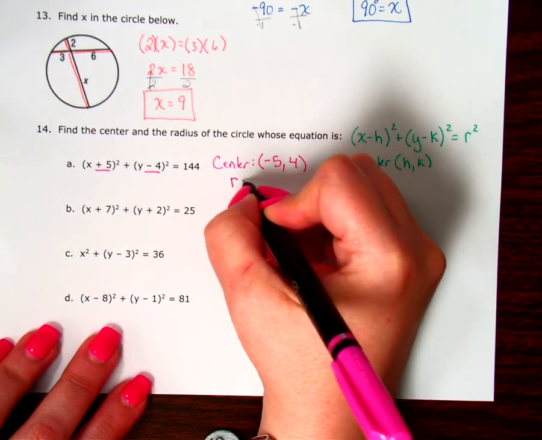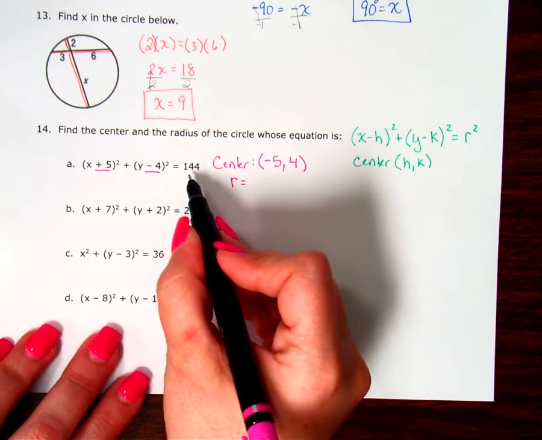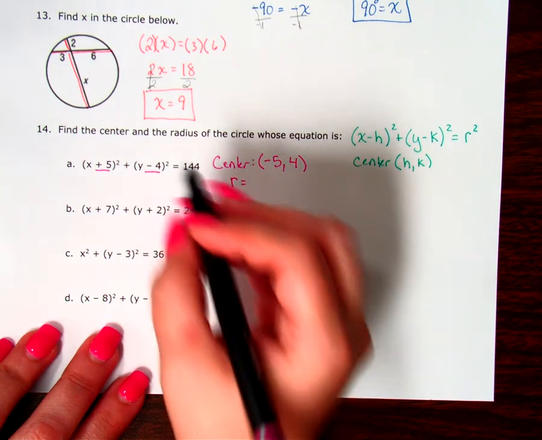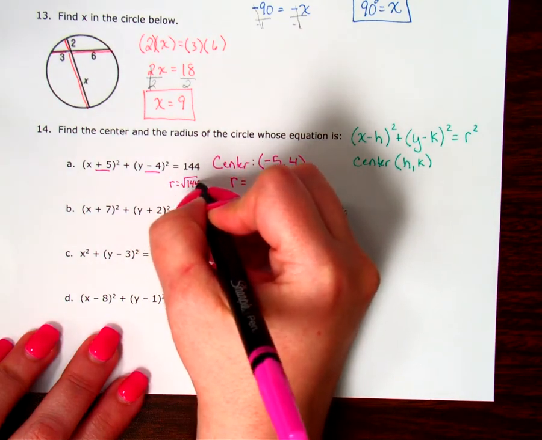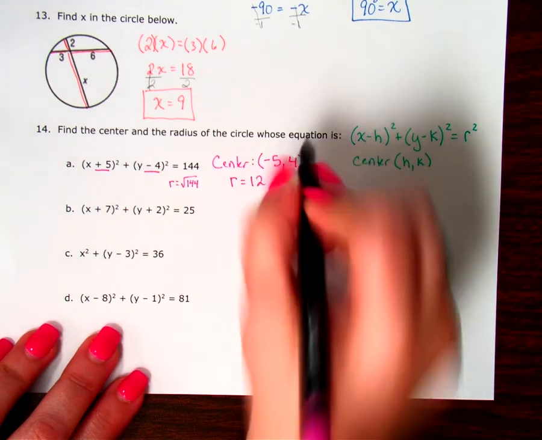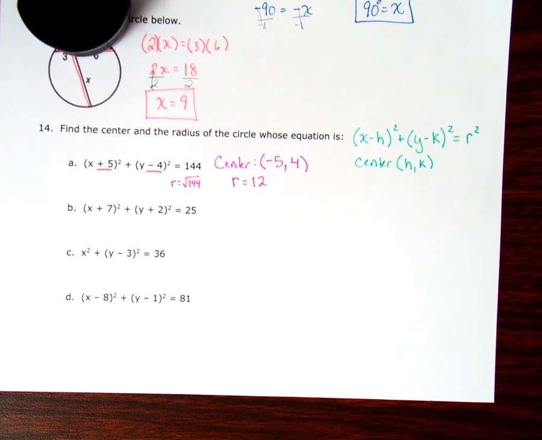My radius, I have to unsquare 144, so I square root the 144, which is 12. So my first one, my center is -5, 4, and my radius is 12.